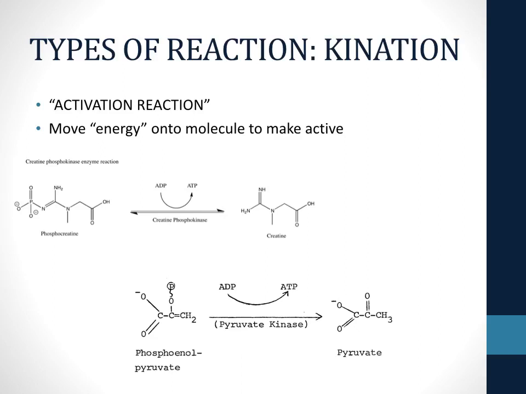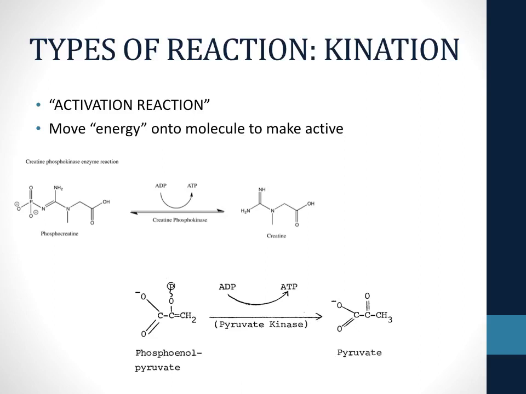The way in which it activates is it sticks a phosphate onto a molecule. Phosphates are high energy molecules, meaning there's a lot of potential energy there for the cell to use. When we kinase something, we basically transfer energy.